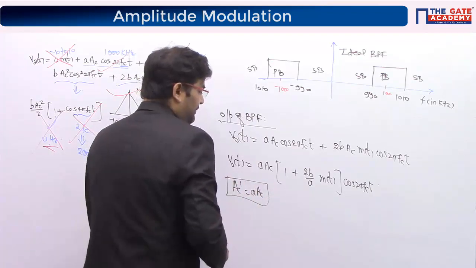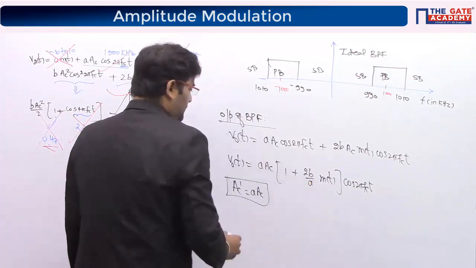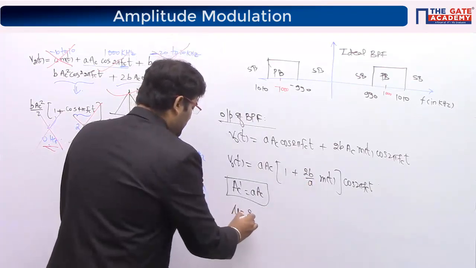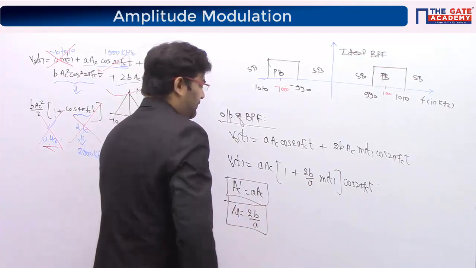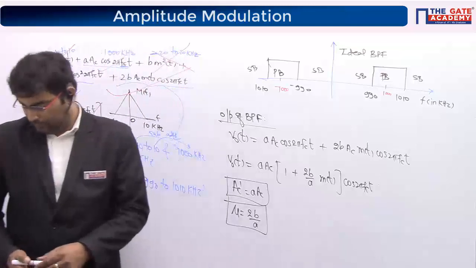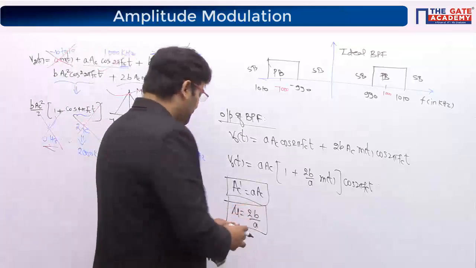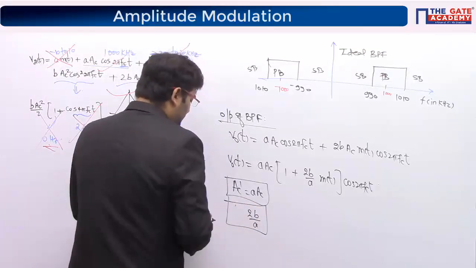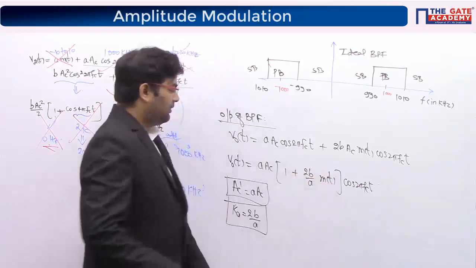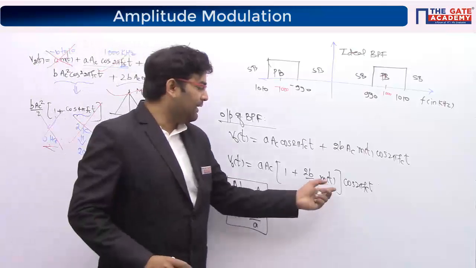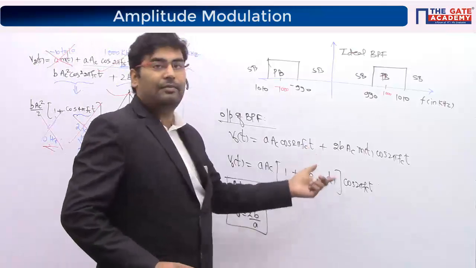Okay? And this is your mu, which is what? Mu is 2b by a. Actually, sorry, not mu. This is K. You have 1 plus K m t, right? And if you take m t out of m t AM, then it becomes mu.